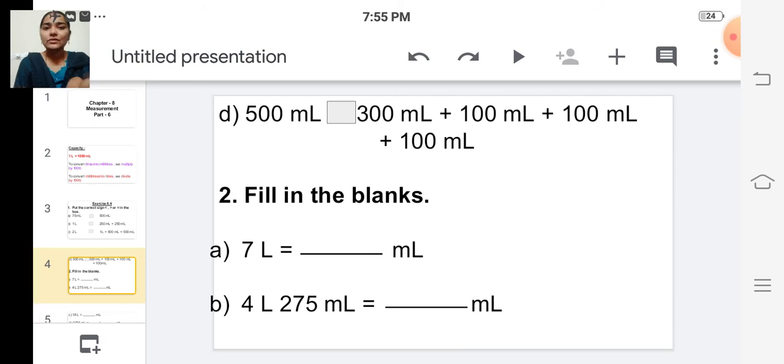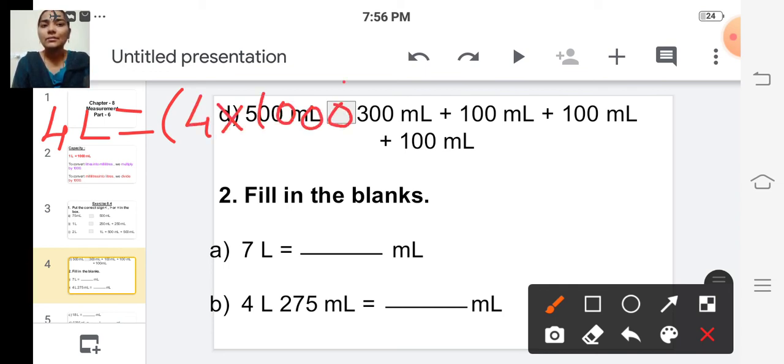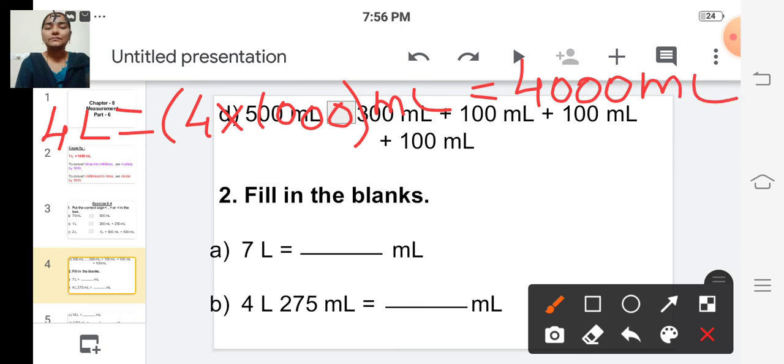So 4 liter is equal to, to convert liter into milliliter we have to multiply by 1000. So 4 into 1000 milliliter, which is equal to 4000 milliliter.